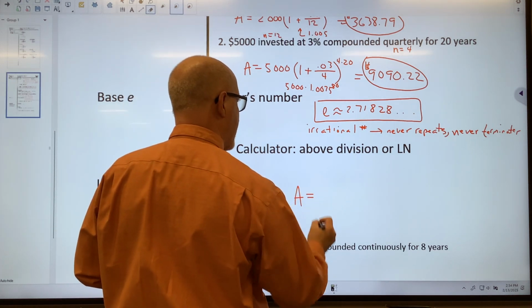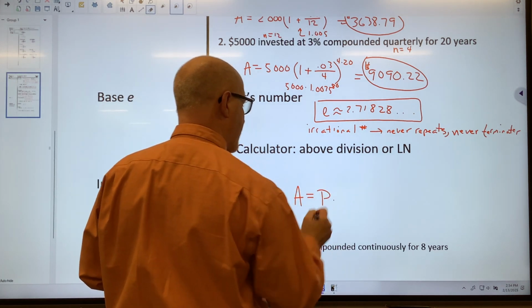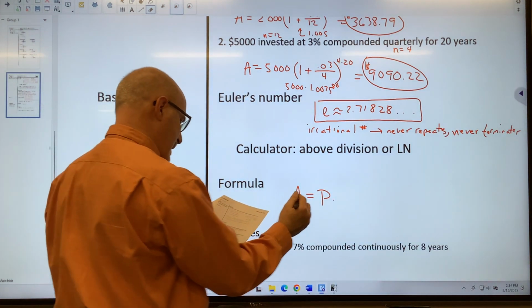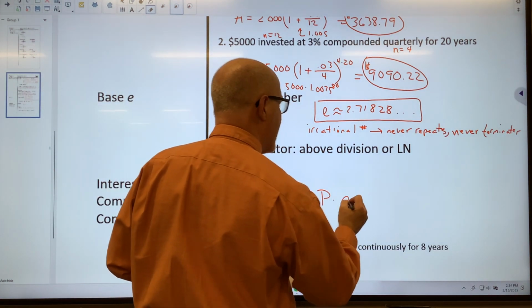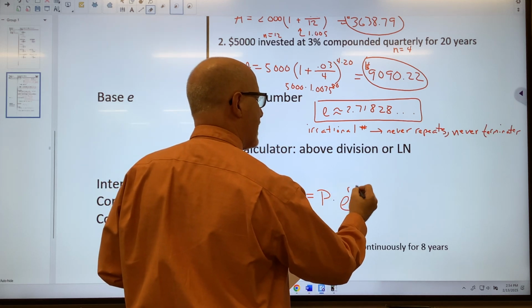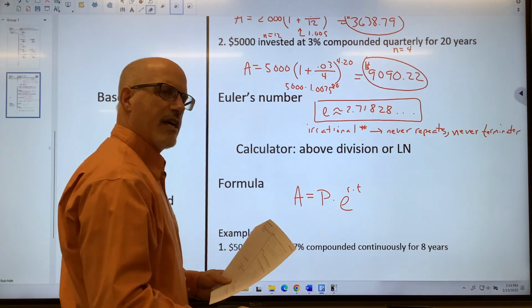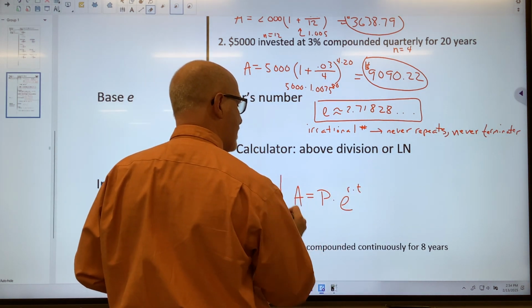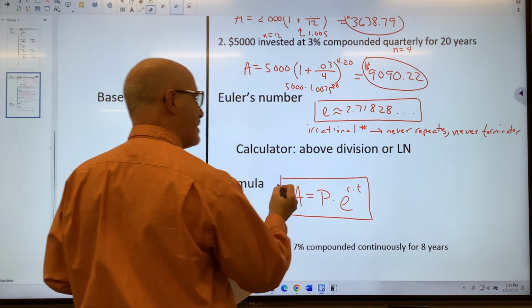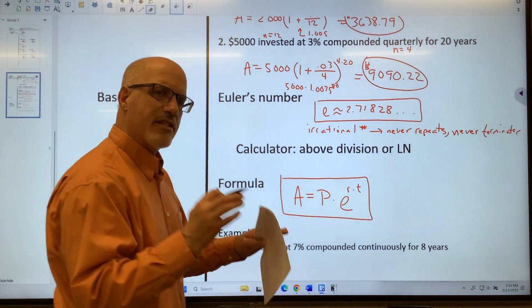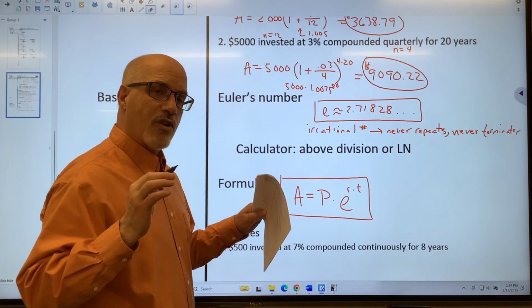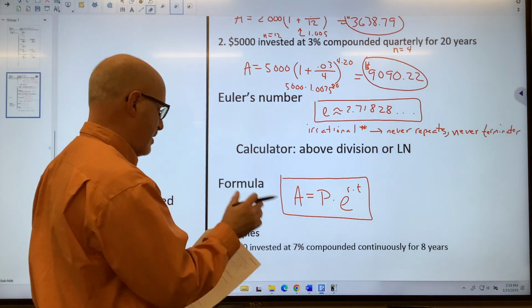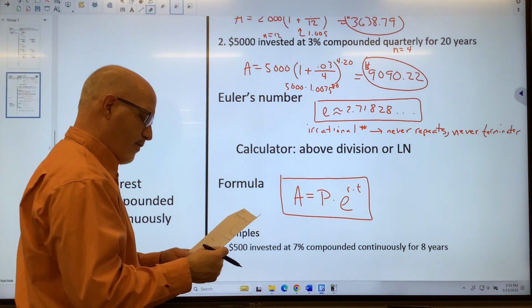The amount that we have is the principal, that's all the same, but instead of the 1 plus r, you end up getting this e, and the interest rate goes up into the exponent, r times t, where t is time in years. And so this is a strong formula. This is the way that we could earn the most interest, say on our savings. This is the compounded continuously formula.